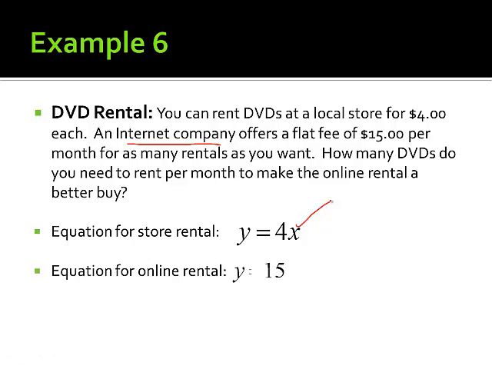So in this case, we have y equals 15. And there's no 15x because it's a flat fee. It never changes. You could rent 0 DVDs or 1,000 DVDs. So y equals 15. And if you recall back in a previous module or in Algebra 1, this is a horizontal line.